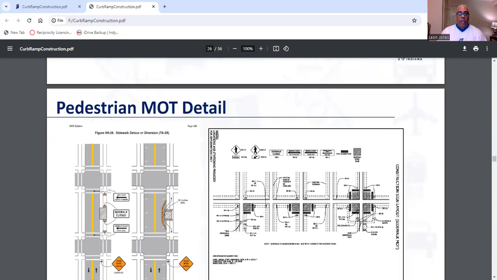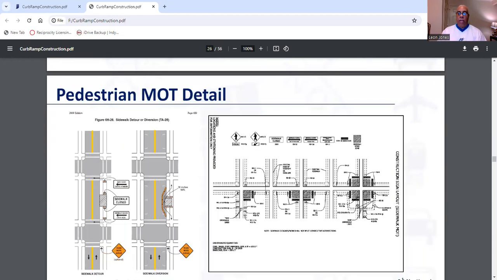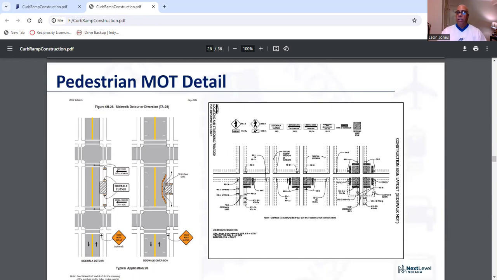Now, again, from the MUTCD, of course, Indiana, Pennsylvania, a lot of the states, they have their own traffic control device manual, but it's all based off of the MUTCD. That's the Manual of Uniform Traffic Control Devices.